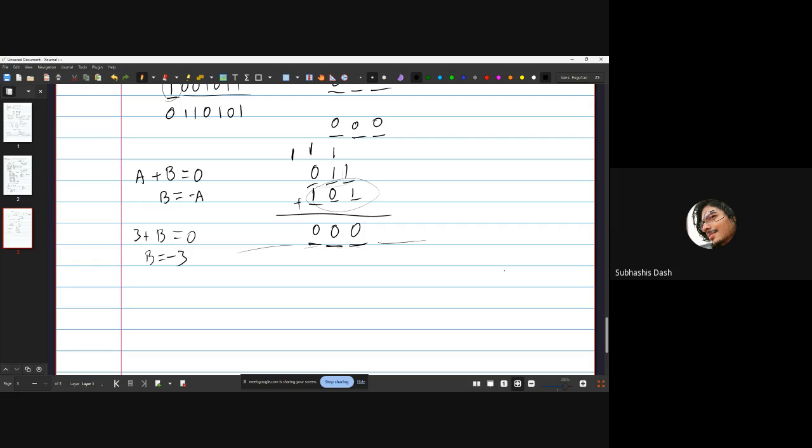So can I say 101, regardless of what it means in binary, is minus 3. That's the reason why we use 2's complement, because directly adding 2's complement to a positive number, it behaves as if it is a negative number.